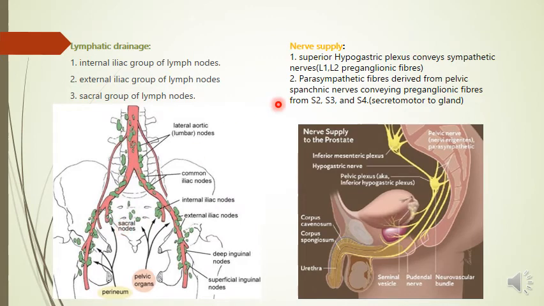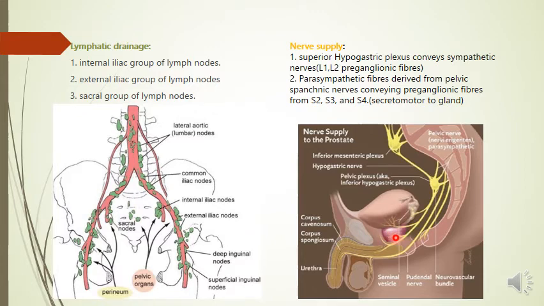And the nerve supply: the superior hypogastric plexus conveys the sympathetic nerves L1 and L2. This is the hypogastric nerve, right? And then the parasympathetic fibers are derived from the pelvic splanchnic nerves, conveying preganglionic fibers from S2, S3 and S4, which are the parasympathetic and are secretomotor to the gland.